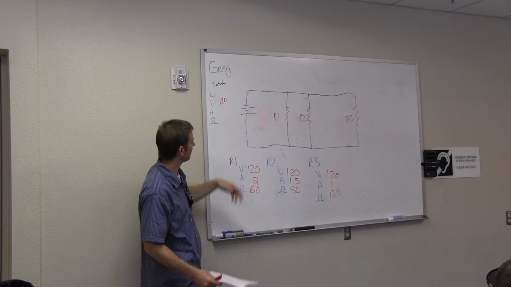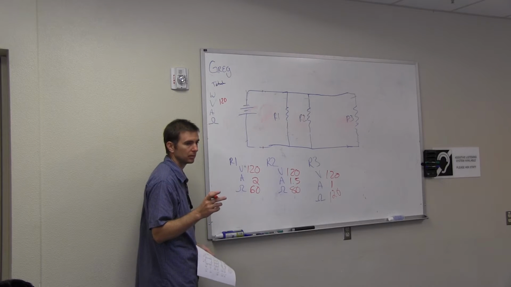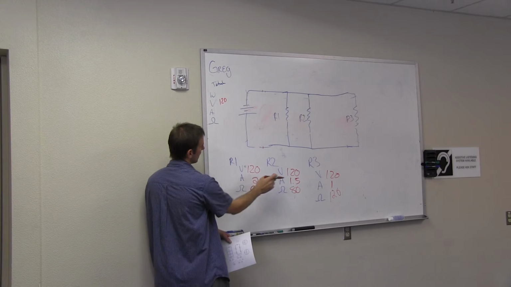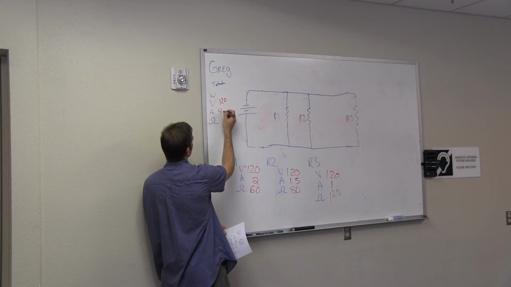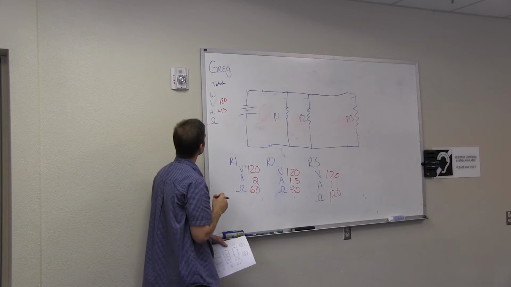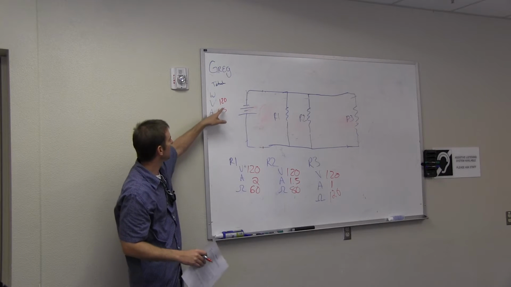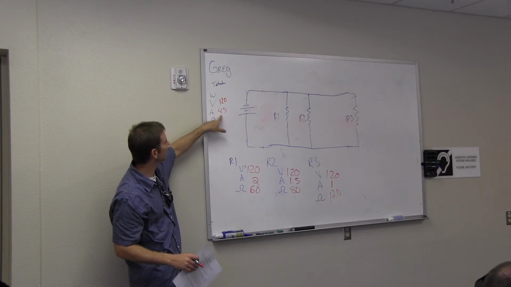How do we solve for total amps? Someone said it earlier. Add. So we're going to go 2 plus 1.5 plus 1, which is equal to what, 4.5? So now we can solve for our ohms without doing the reciprocal formula. We have 120, and we're going to divide that by our ampacity.